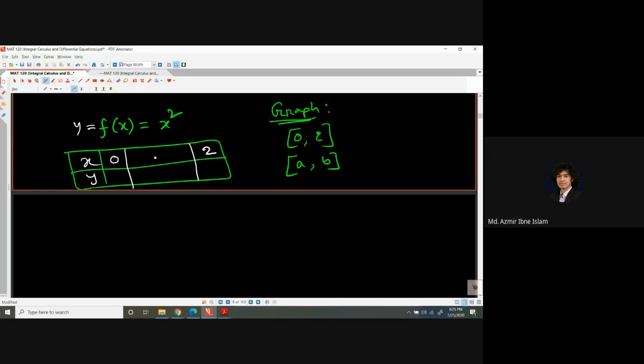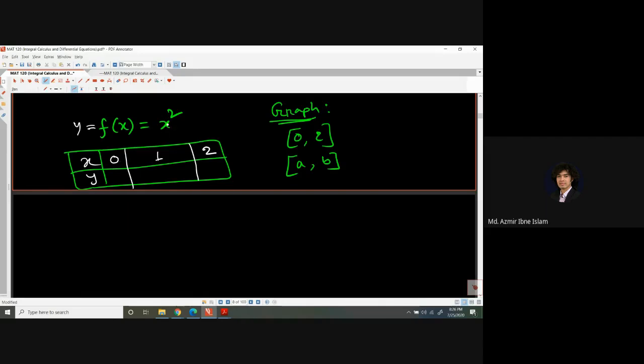In between 0 and 2, we can take any random value, say 1. The more values we take, the smoother the curve we will get. The more points we have, the smoother the graph will be.